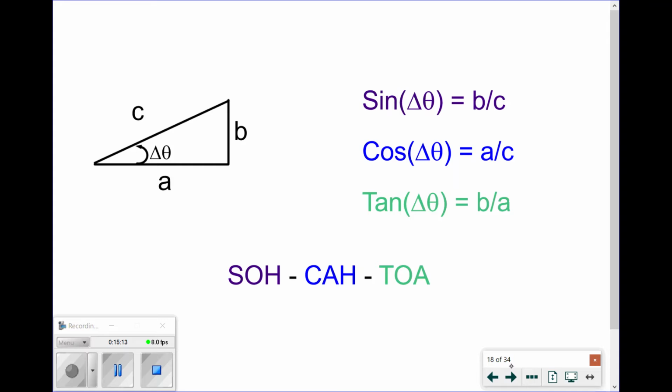So SOHCAHTOA is still being used. We're just using different nomenclature here. And for those who are up with Pythagorean theorem, C squared equals A squared plus B squared. That's also a base equation that you will get. You'll never need to have that memorized. But again, being able to use it is another story, and that's the important skill set that we're going to be working with.